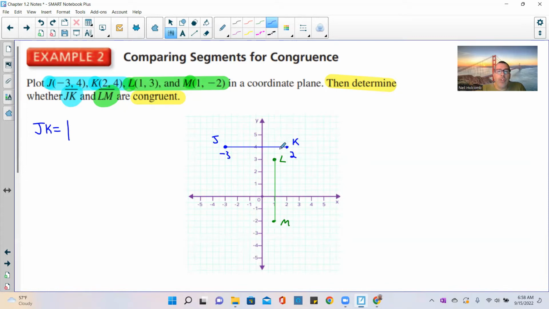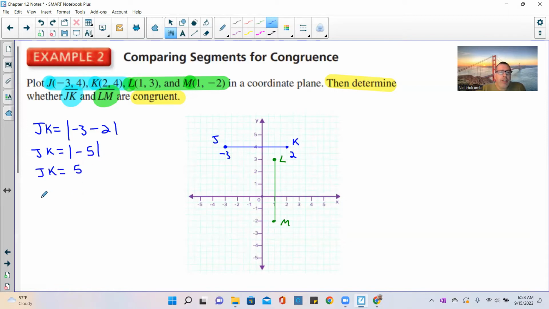So if we just do a horizontal distance, we want to find the difference between the X values when it's horizontal. So I'm going to take the difference of -3 minus 2. So JK is going to equal the absolute value of -3 minus 2, which is -5. And the absolute value of -5 is 5.